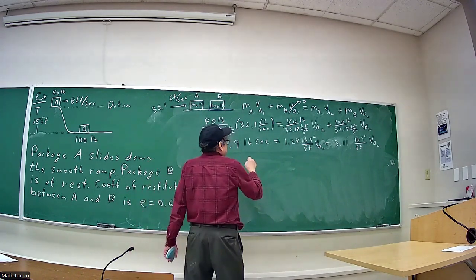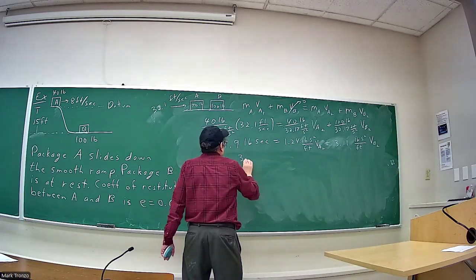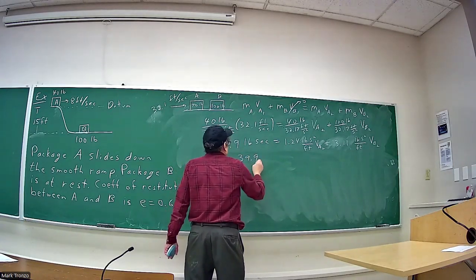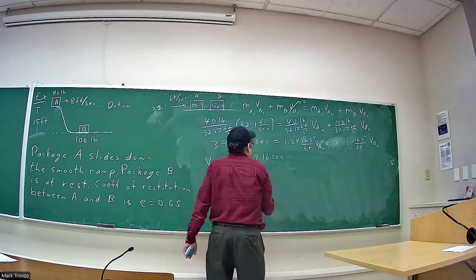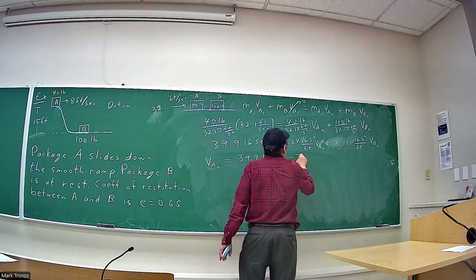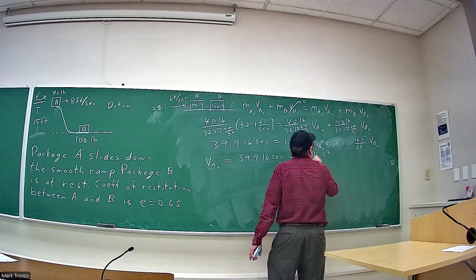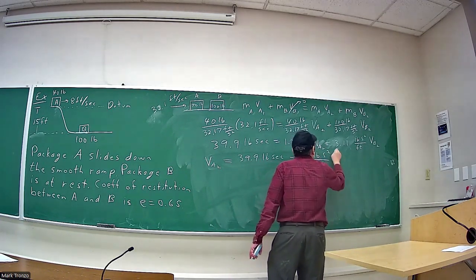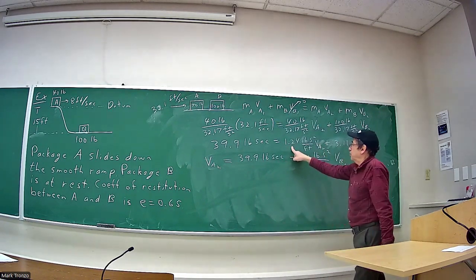What we're going to do is move everything to one side, 39.9 by 3.11, and then divide by the 1.24.